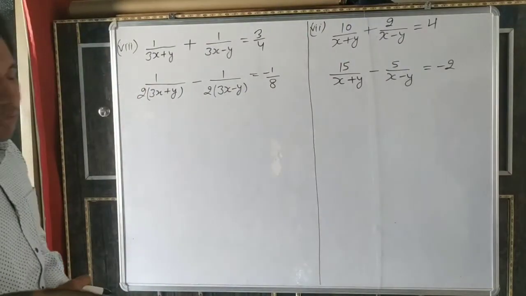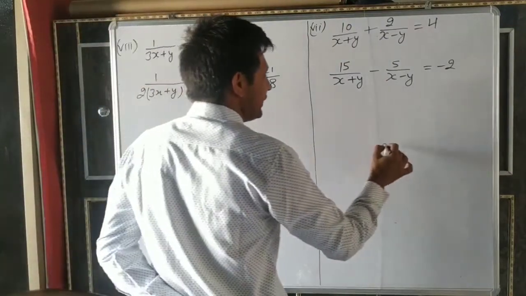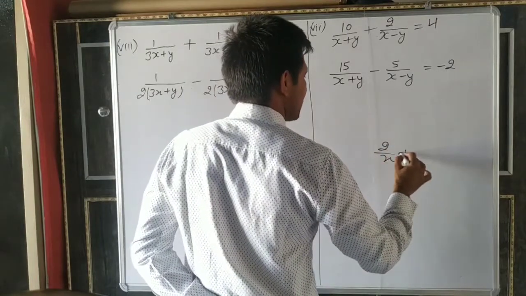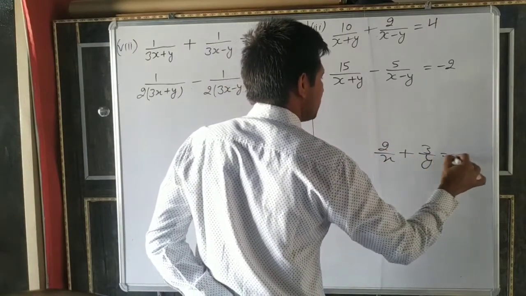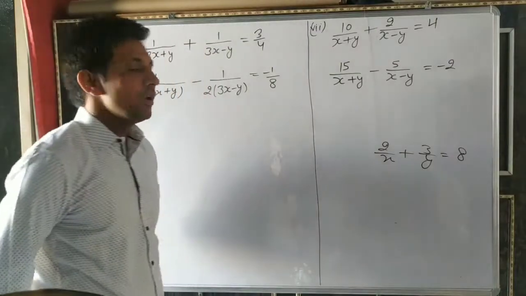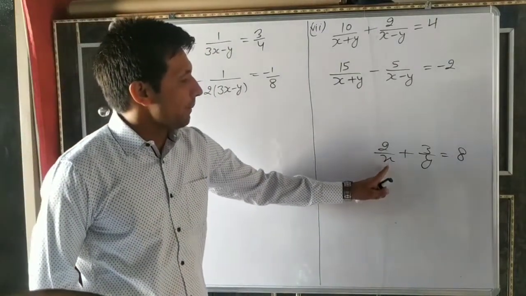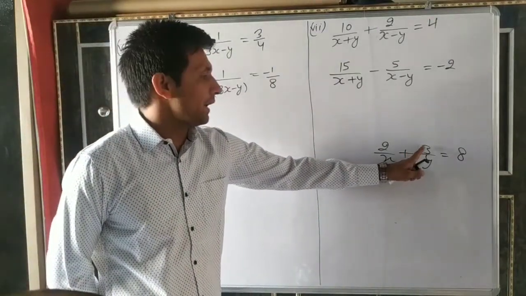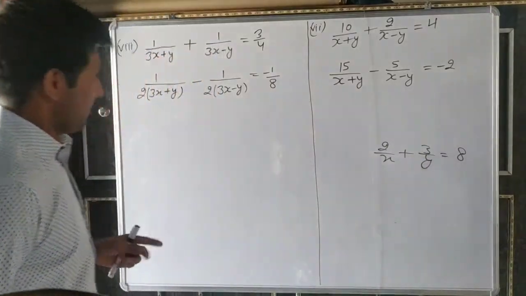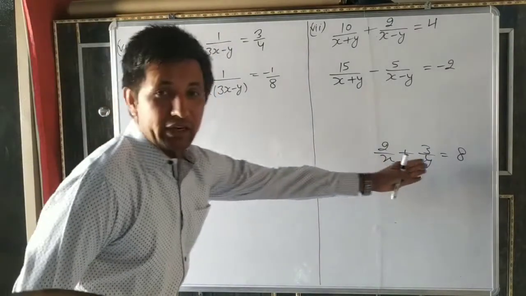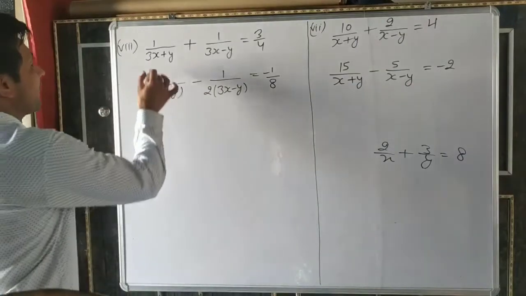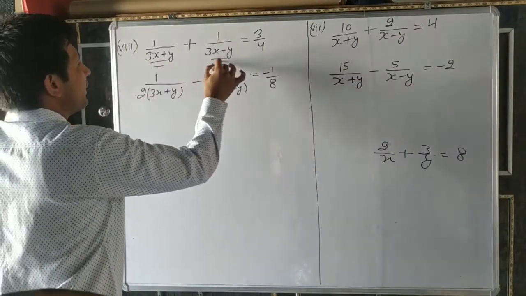In the previous question, we observed that it was given like this: 2x plus 3 by y equal to 8. And what did we do? We put 1 by x equal to p and 1 by y equal to q. But here we observe that it is not x and y alone. Here x and y are given together.